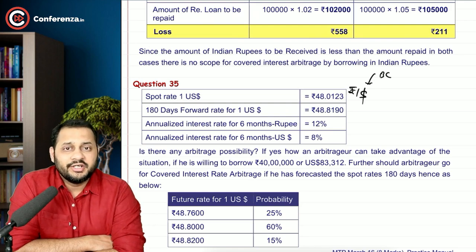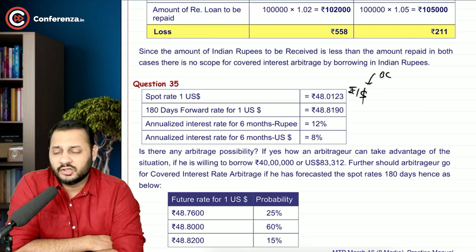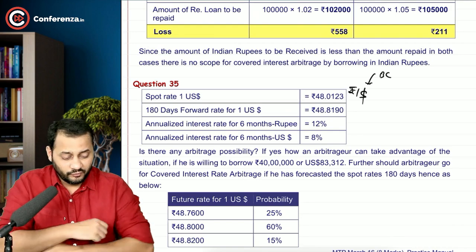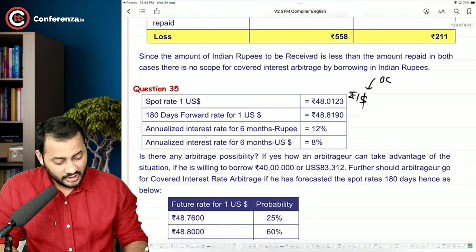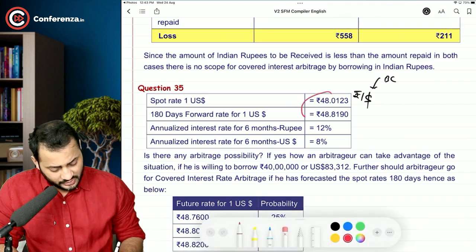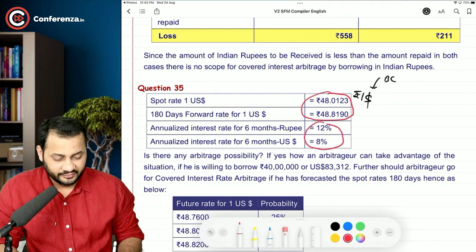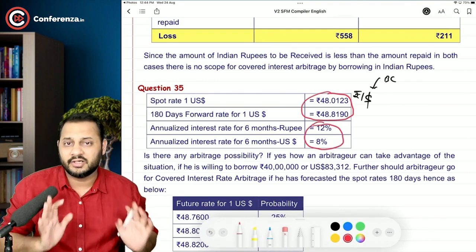According to interest rate parity theory, if there should not be any arbitrage possibility, then the forward premium or discount between the spot and forward rate should match the interest rate differential. That's it, approximately.